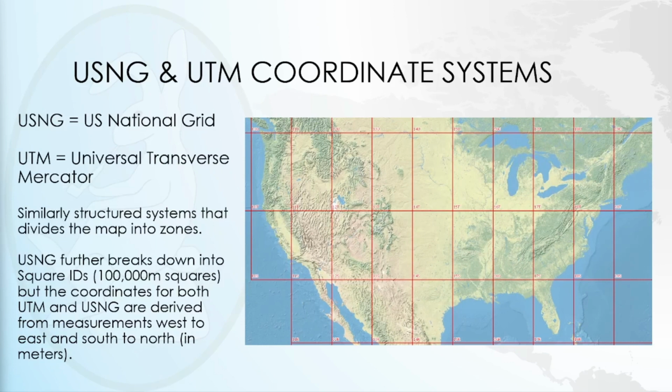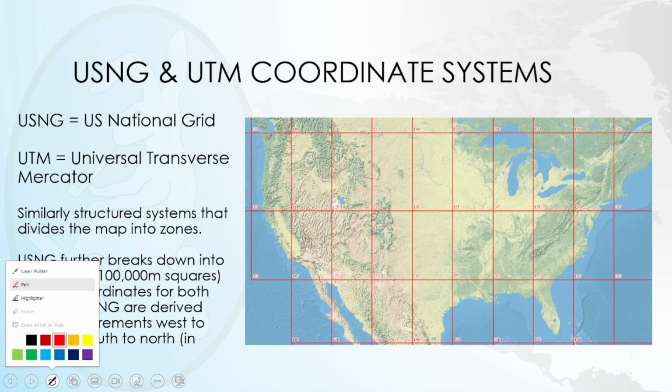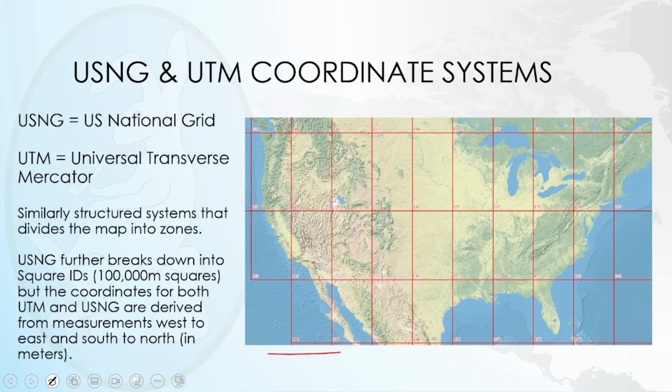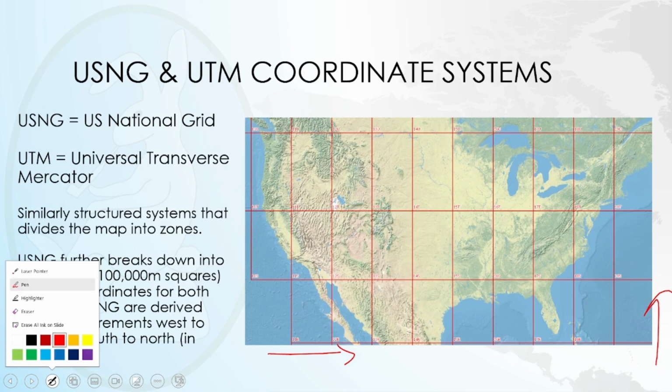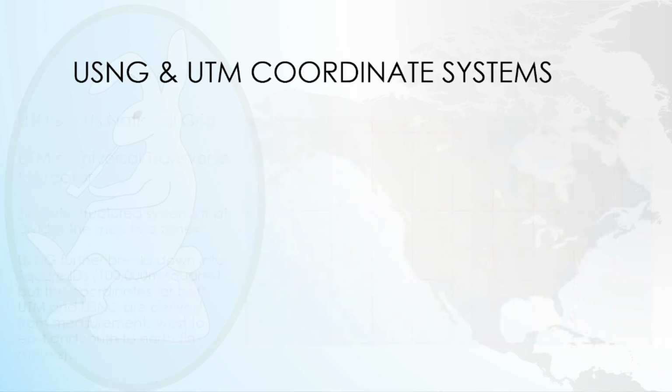But the coordinates for both UTM and US National Grid are derived from measurements west to east and south to north. And we'll talk about that later on. Whenever you read this, you'll hear me say this ad nauseum as we're going through here. You read to the right, and then you read up. That's how we read it. We read it from west to east, and we read it from south to north. That's how we're going to read that.